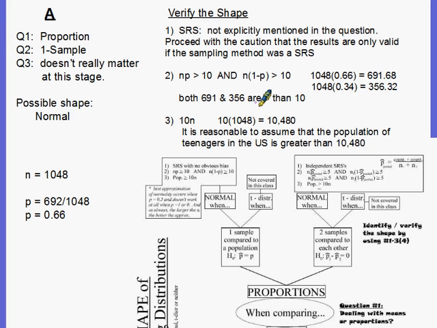Now clearly both of those are much greater than 10, so that's not a problem. Check. We have, what's 10 times the sample size? 10,480. It is reasonable to assume that the population of teenagers is greater than that. So we have that verified. So these three have all checked out.